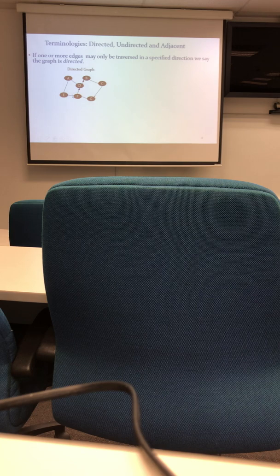Okay, directed, undirected, and adjacent. If one or more edges may only be traversed in a specific direction, we say that the graph is directed. So this is a directed graph. Because for this pair of vertices, the edge connecting this pair has an arrow, right?